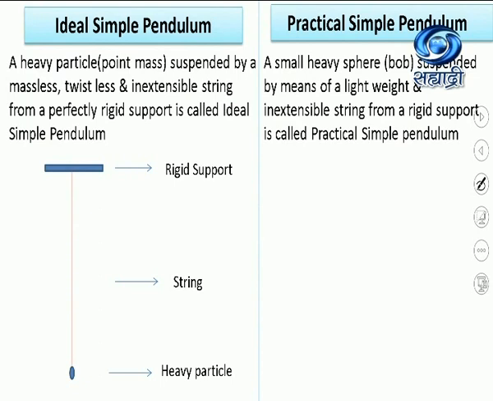That's why the weight of the string has to be considered here. Then an inextensible or slightly extensible string, hanging from a rigid support. Such an assembly of pendulum is used for practical situations, and that is called the practical simple pendulum. Here is the diagram indicating this practical simple pendulum.